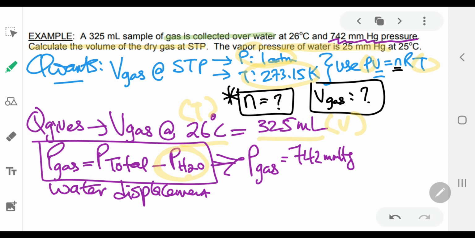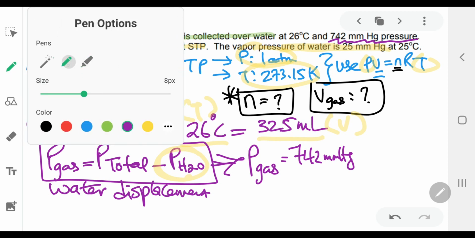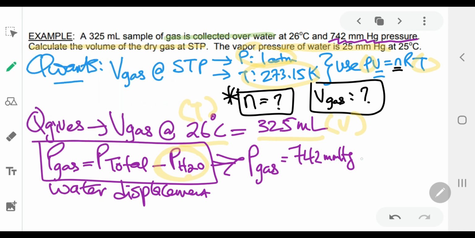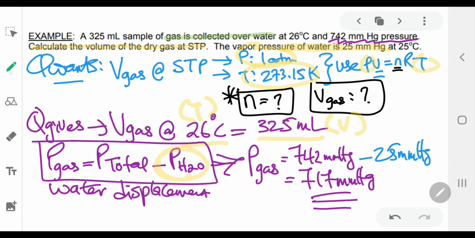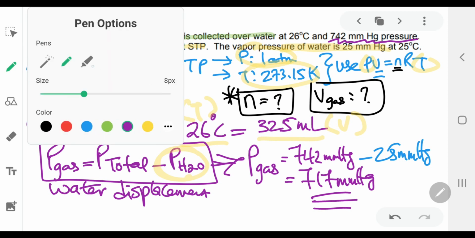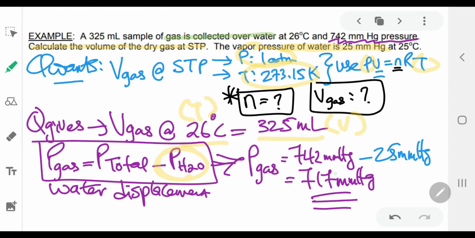The water vapor pressure is 25 millimeter mercury, so minus 25 millimeter mercury, and therefore the partial pressure of the gas would be 717 millimeter mercury. Now, we have enough information, so that is the pressure.